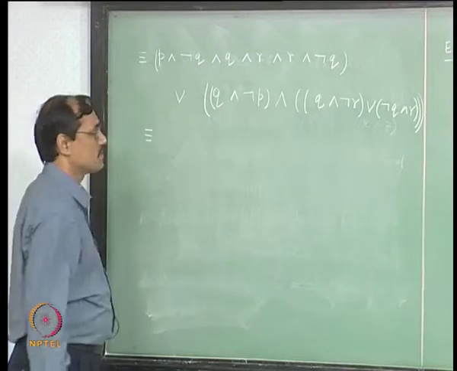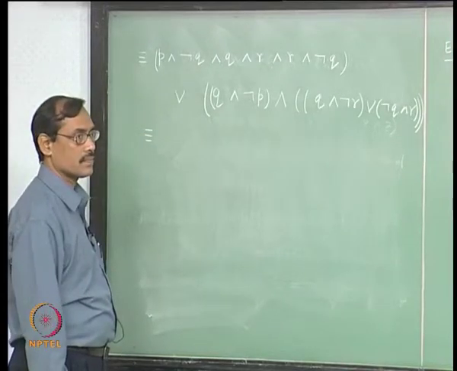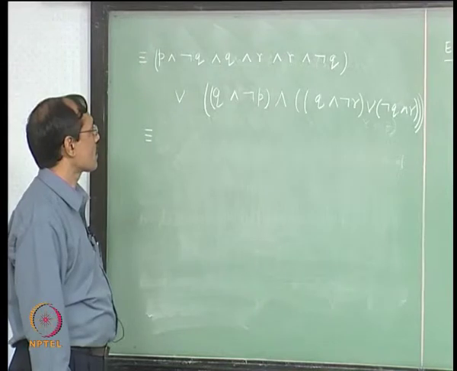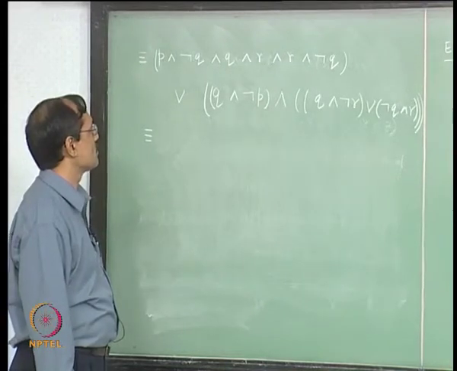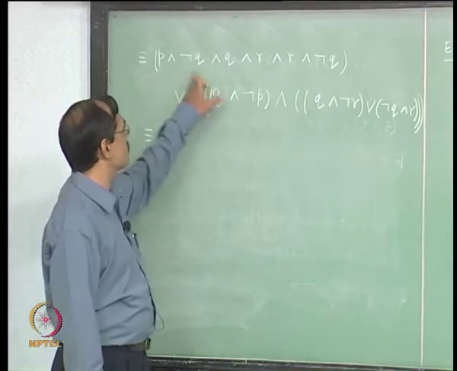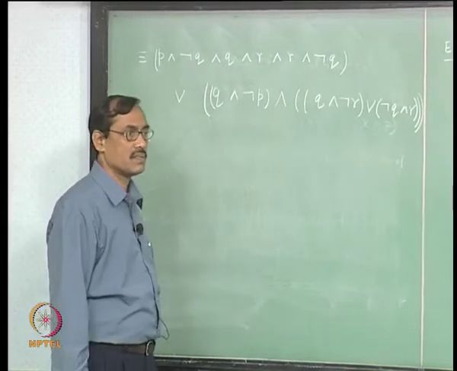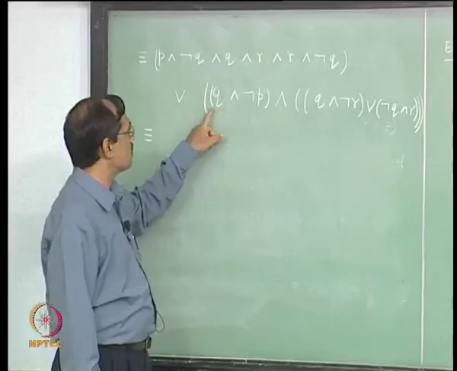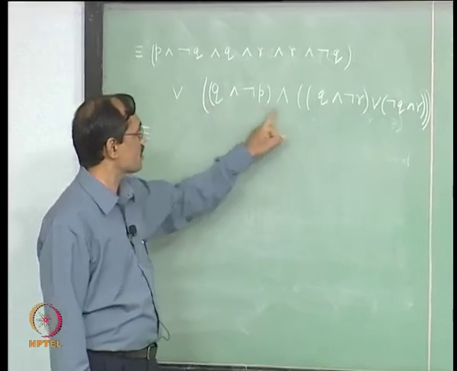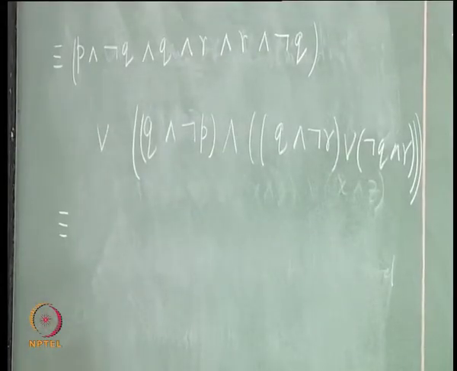Next, what should we do? Is it in any form? Here is one conjunctive clause, or there should be other conjunctive clauses. It is not a conjunctive clause. Okay. You have to distribute.